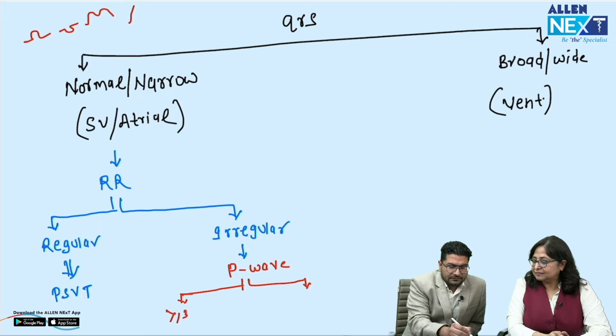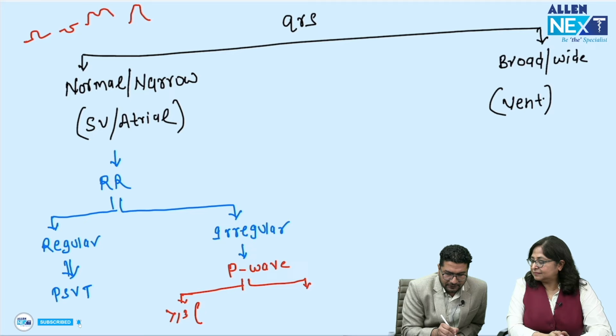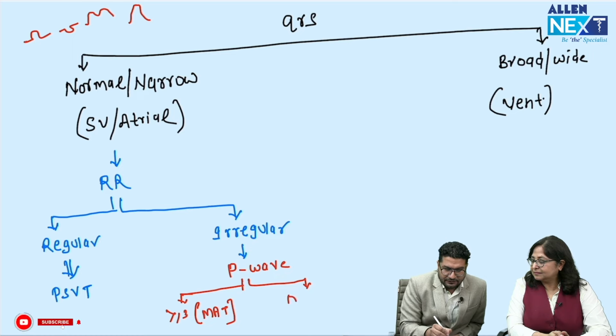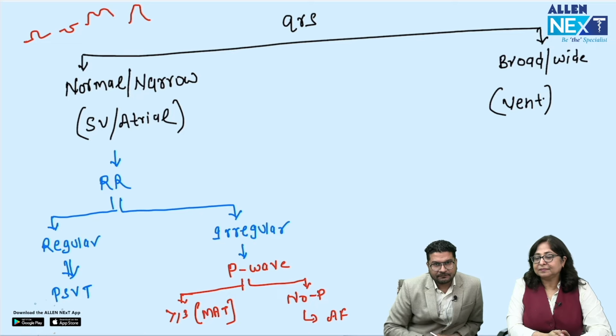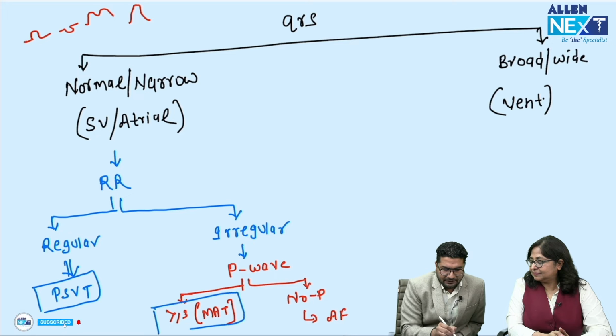When you see 3 different types of P, that is what we call MAT. MAT means multifocal atrial tachycardia. And sometimes when you don't see P, there is no P, then that is what we call atrial fibrillation. So these are 3 arrhythmias which they frequently test in exam: PSVT, MAT and atrial fibrillation.